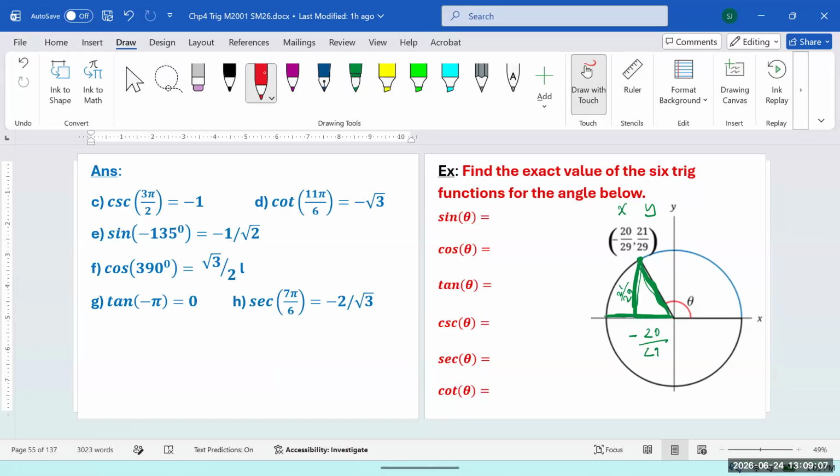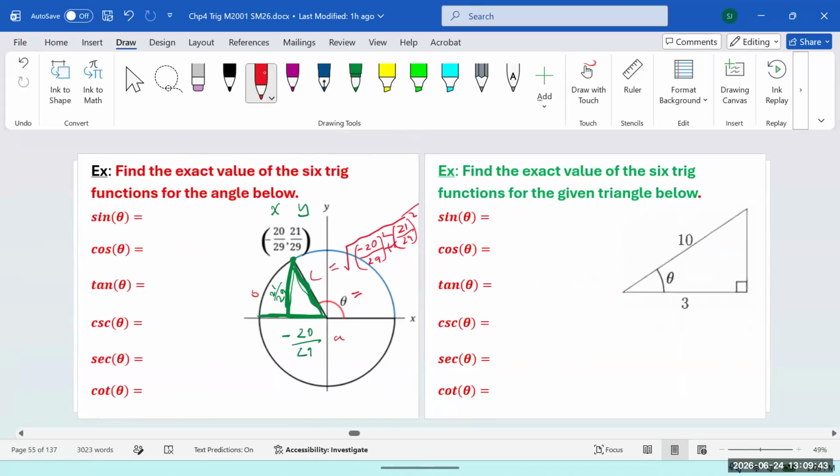You add their squares. Remember, A, B, and this is C. So A square plus B square equals C square. So C should be the square root of negative 20 over 29 squared plus 21 over 29 squared. And then we find out how much that is.